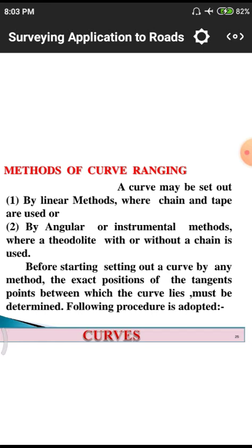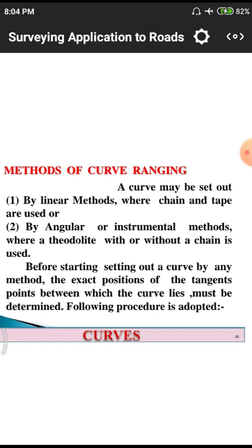So we mainly have two ranging processes. First one is linear ranging. In linear ranging we mainly use chains and tapes. Chains come in different lengths: 20 meter, 30 meter and 40 meter chains. By using those chains and links we calculate the length of a particular line. After that we have the tape, which directly gives the length of a line.